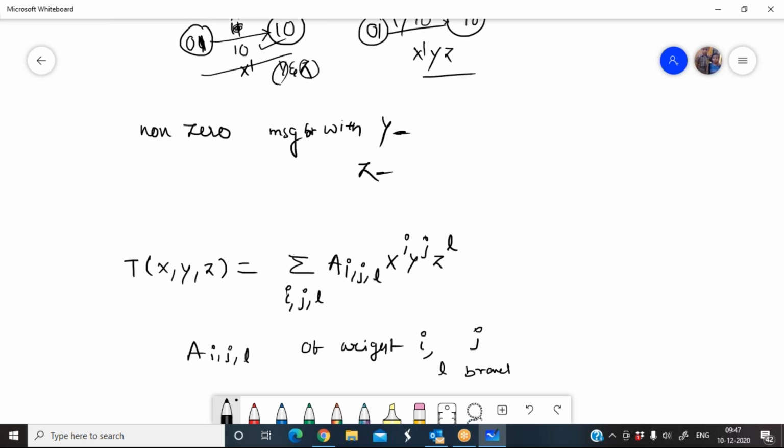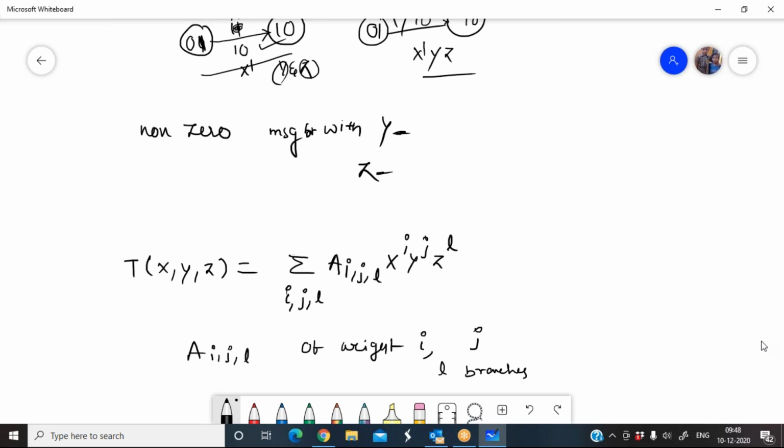Now, is it clear? In order to indicate the weight, you have to use i, that is x. To indicate the input sequence weight, that is y, that is j, power j, and l is the length. I'm repeating once again: a_ijl is the number of non-zero sequences of weight i whose corresponding information sequence has weight j and which has length l branches.